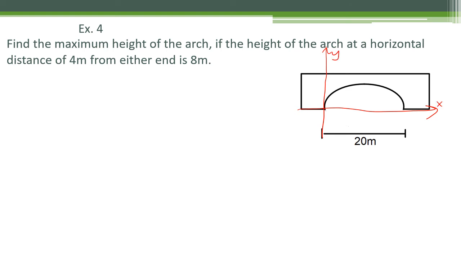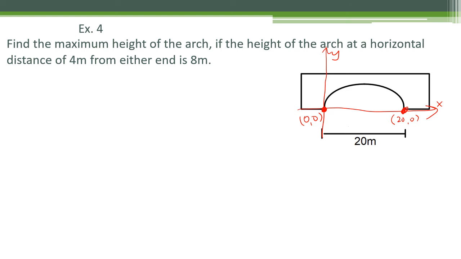And as soon as you do that, you have some coordinates. Right there, 0, 0. Right there, since my archway is 20 meters wide, that's 20, 0. Okay, so that's good so far.